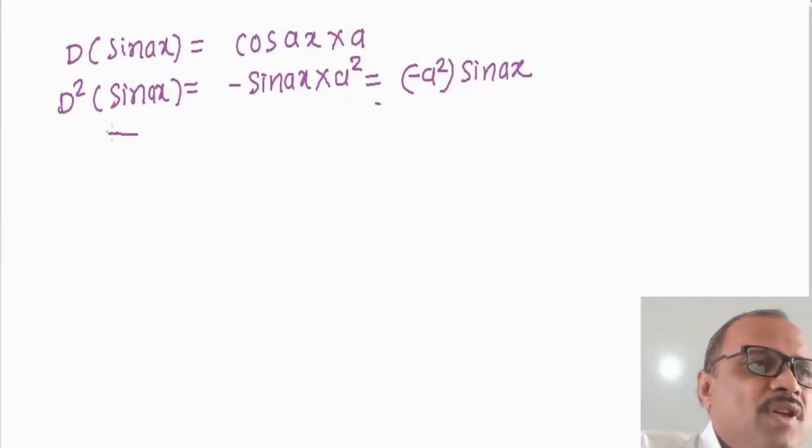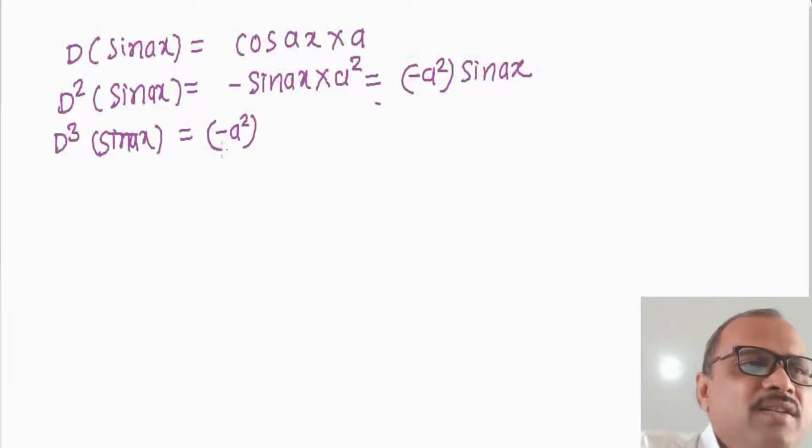Now D cube of sine ax equals the derivative of this: minus a square as it is, into the derivative of sine, that is cos of ax into a, equal to minus a cube into cos of ax.